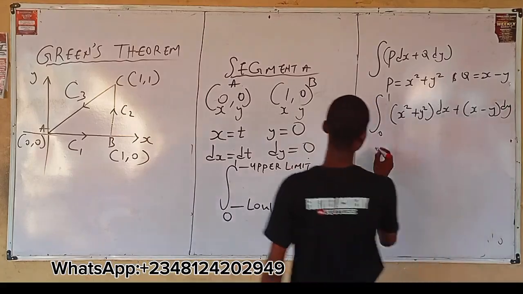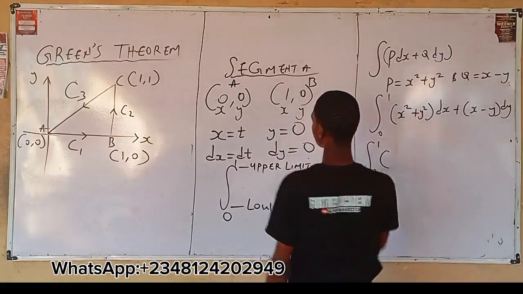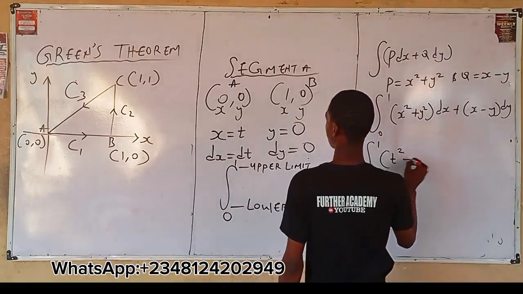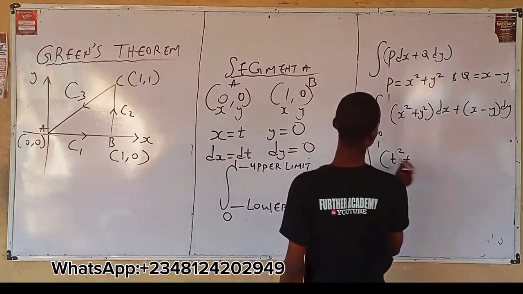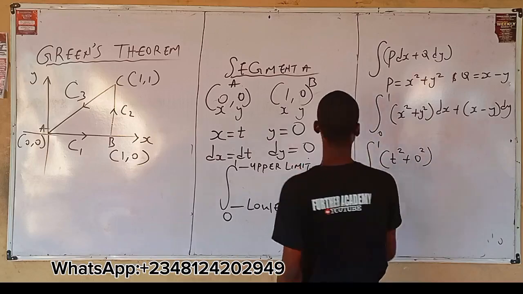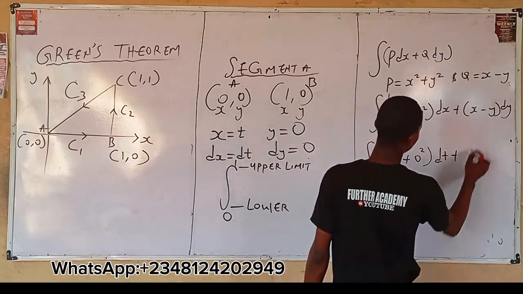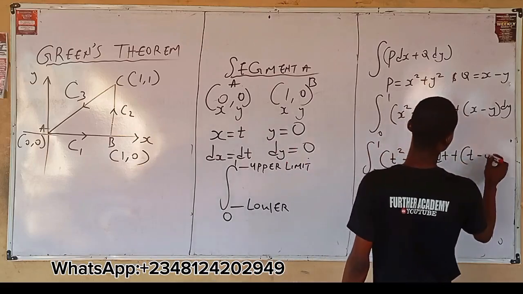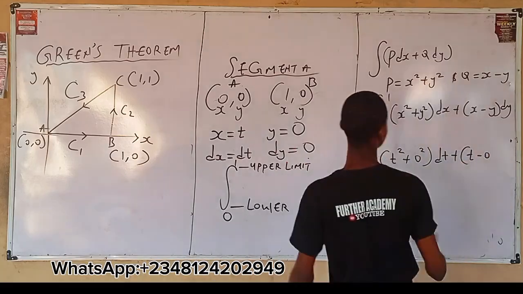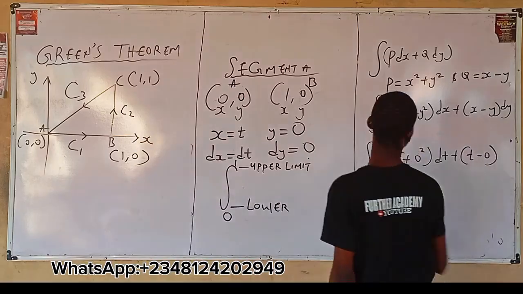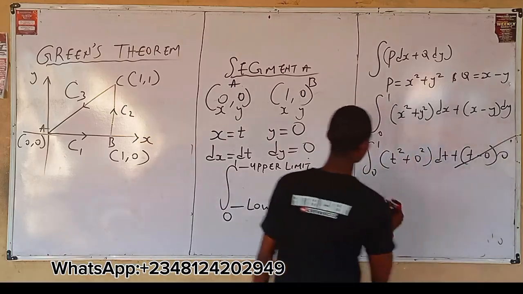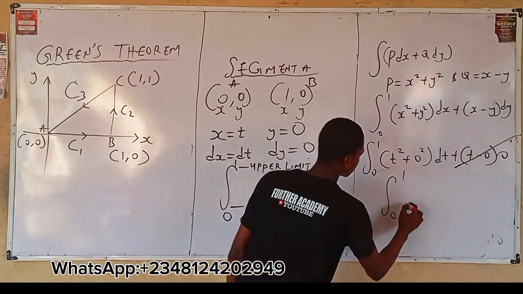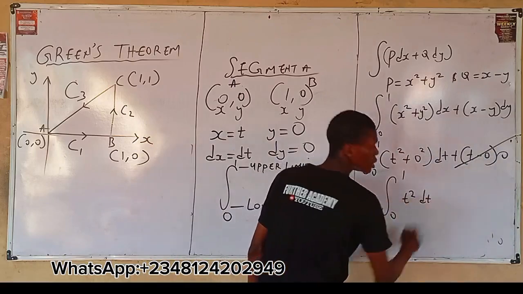Substitute your parameters, meaning 0 to 1, all into bracket t squared plus 0 squared. What's your dx? dt plus your x is t minus your y, 0, right? Then what's your dy? 0. This cancels out. You then have integral 0 to 1 t squared dt.